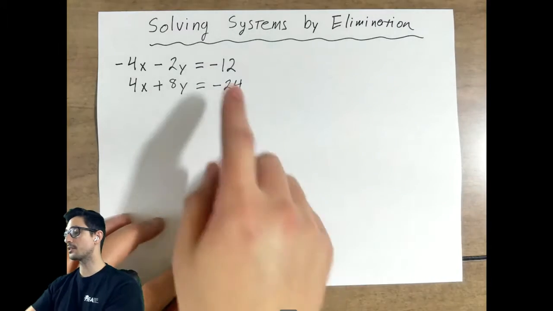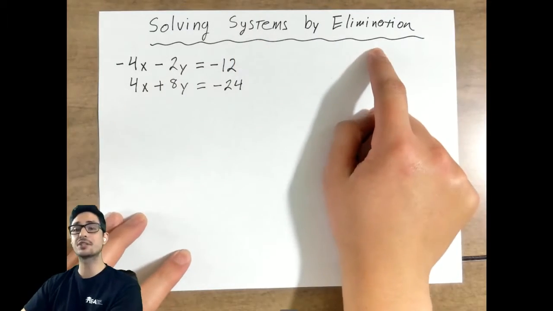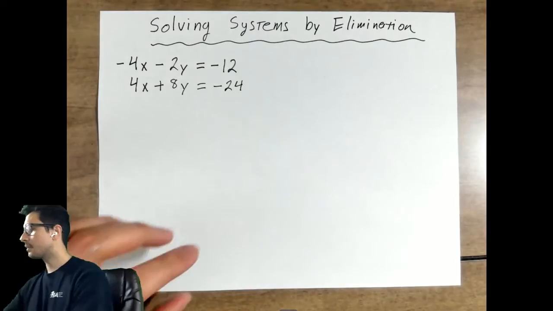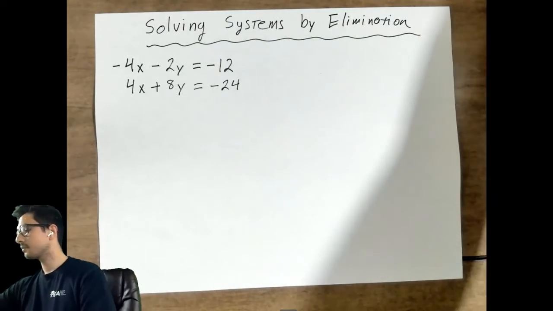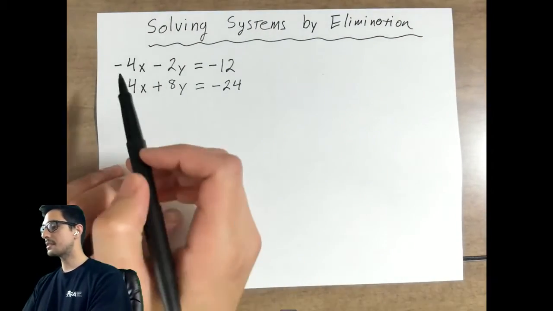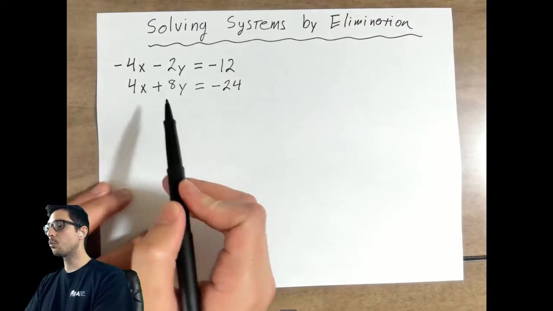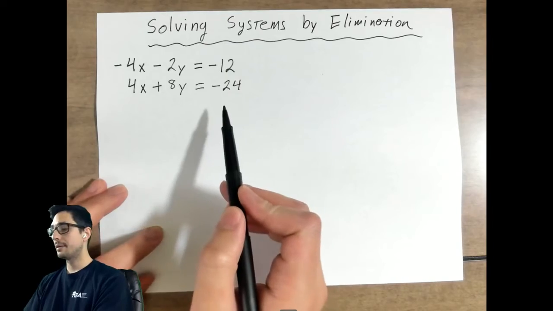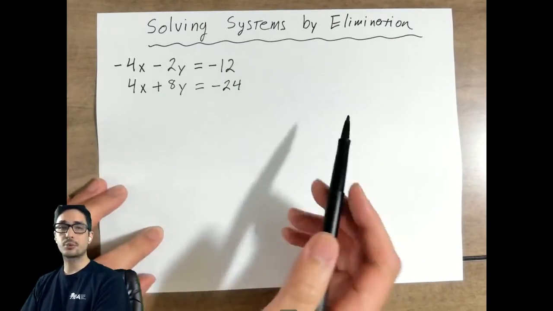We're going to start with what's on the paper here, solving systems by elimination. Again, elimination is my favorite, so let's do this. Looking at the problem, this is why it's called elimination: it's a strategy where we want to eliminate a variable, and it doesn't matter if it's x or y.